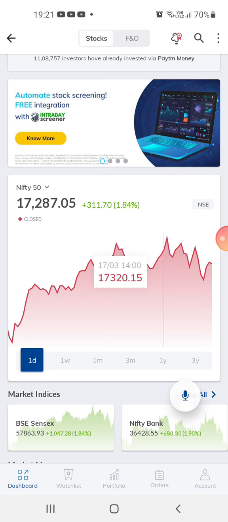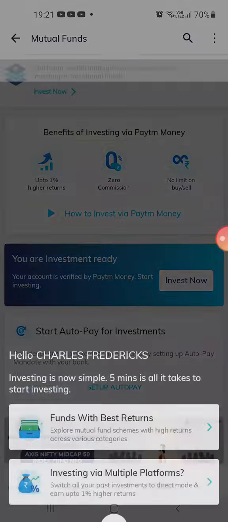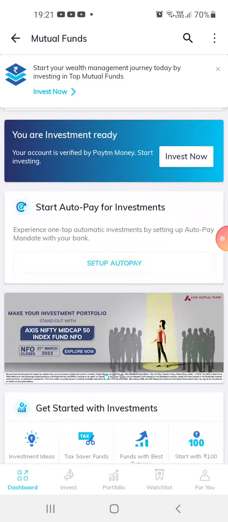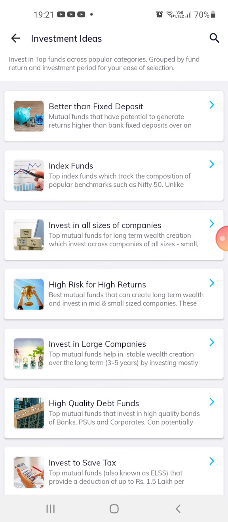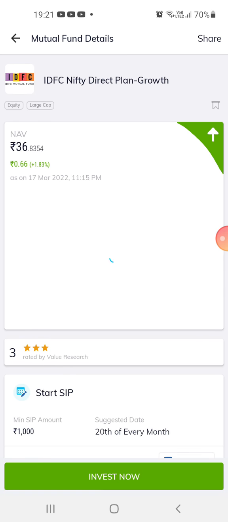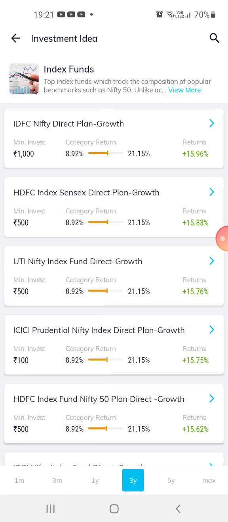And if you're interested in mutual funds, you can invest in mutual funds. There are different mutual funds, index funds, and you can invest in any of them. Let's just see what this mutual fund is giving.